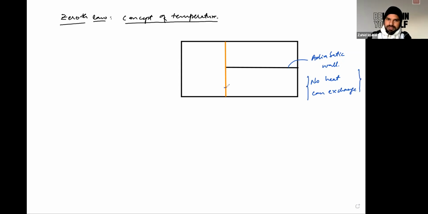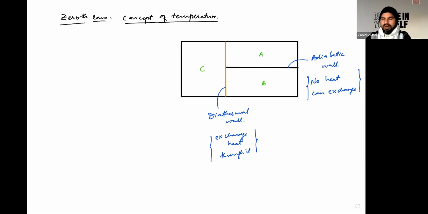But this particular wall is diathermal, which means it allows exchange of heat. So suppose we have three different thermodynamical systems. Let's say this is A, this is B, and this is C, all having different temperatures initially.